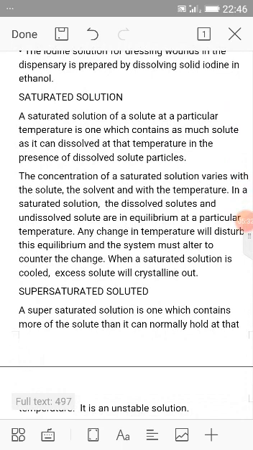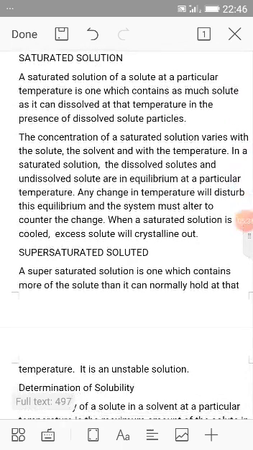In a saturated solution, the dissolved solutes and the undissolved solutes are in equilibrium at that temperature. Any change in temperature will disturb this equilibrium, and the system will alter to counter the change. When a saturated solution is cooled, excess solute will crystallize out.